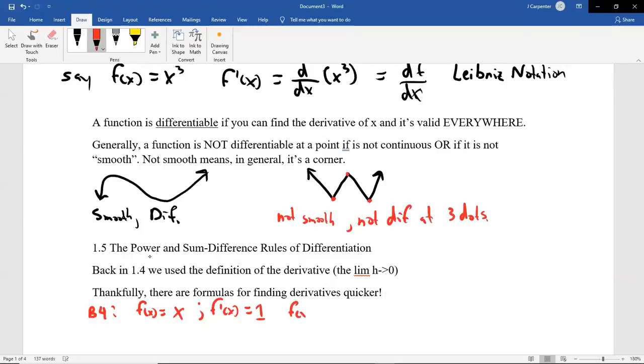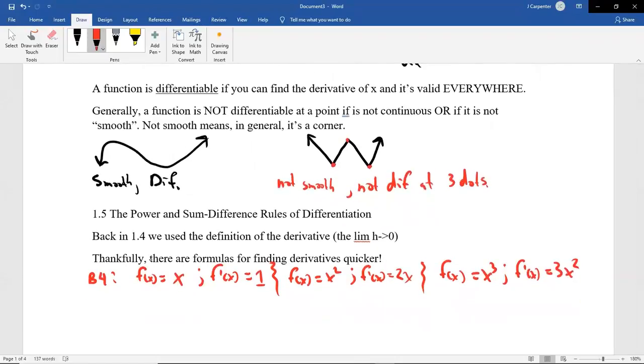When we did the function x squared, we found that its derivative was 2x. When we did the function x cubed, we found that its derivative, f prime of x, was 3x squared. Now, we did not do this one, but we'll pretend that we did.